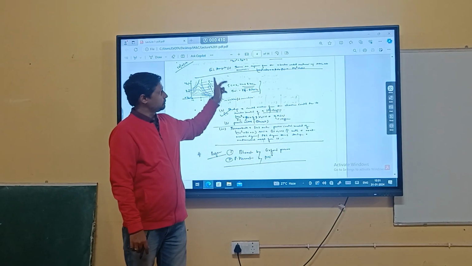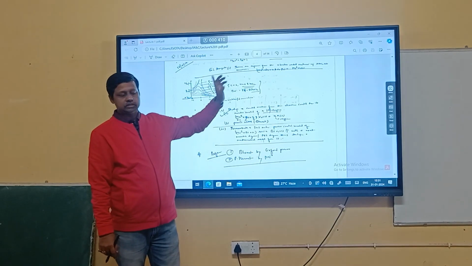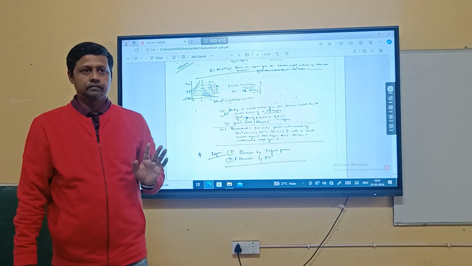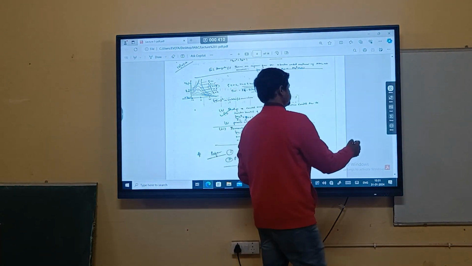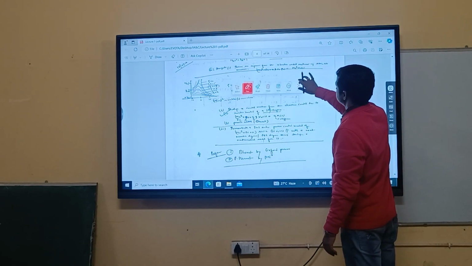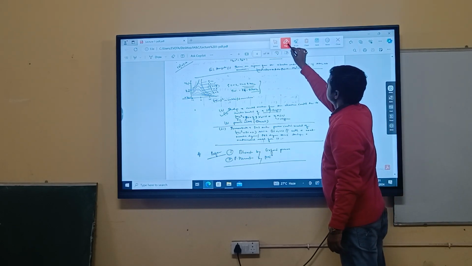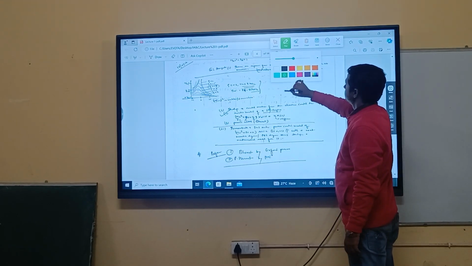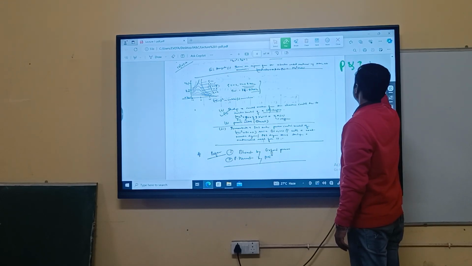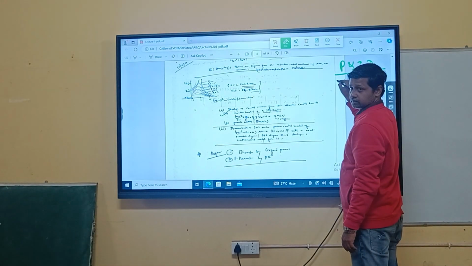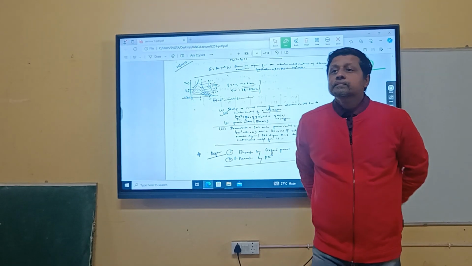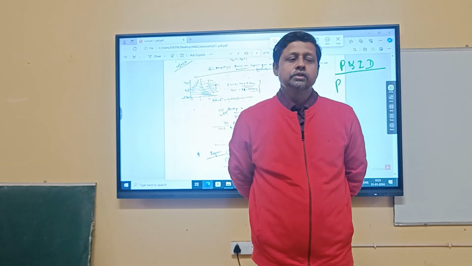Either you draw a schematic diagram like we developed for this case, or a P&I diagram. P&I means? Proportional integral.